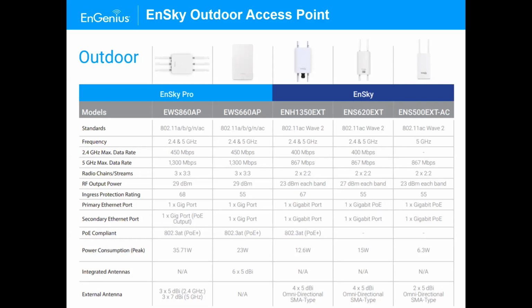We have IP55, IP67, and IP68 weatherproof and dustproof enclosures. So that's the outdoor AP, the options you have, and these are high power, and some have a 2 gigabit port and some have a 1 gigabit port.